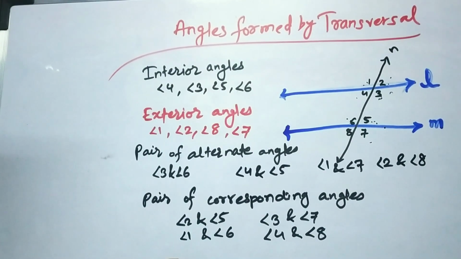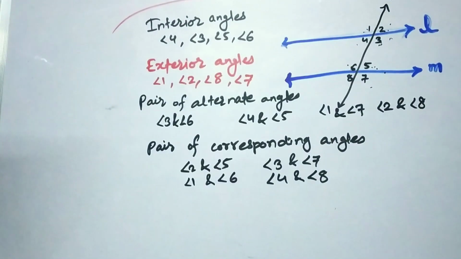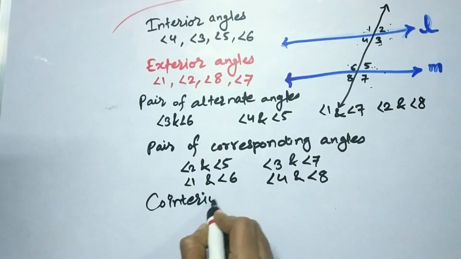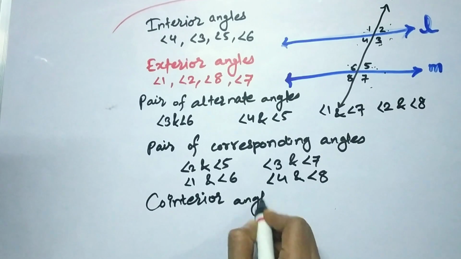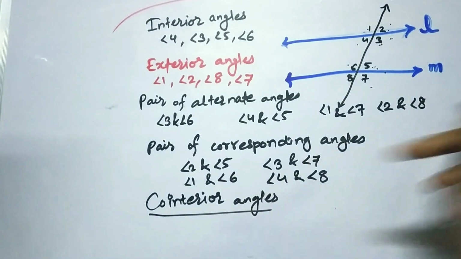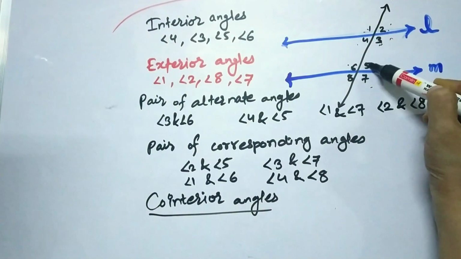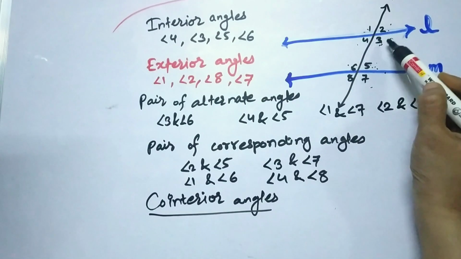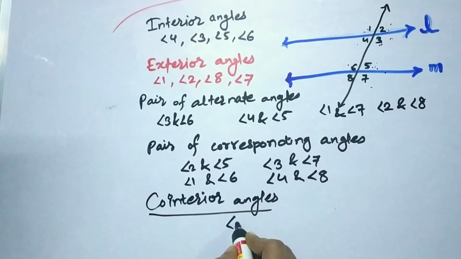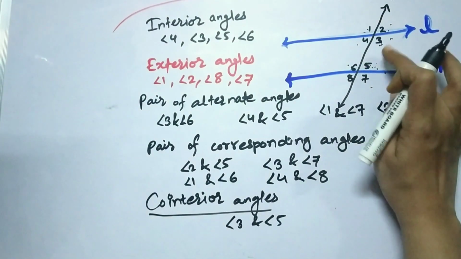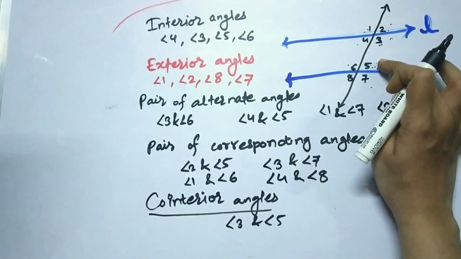Now friends, we are having co-interior angles. Co-interior angles, friends, these are such angles which are lying in the internal, that is interior region, and on the same side of the transversal. So you can see 3 and 5, angle 3 and angle 5, same side of the transversal, these are co-interior.